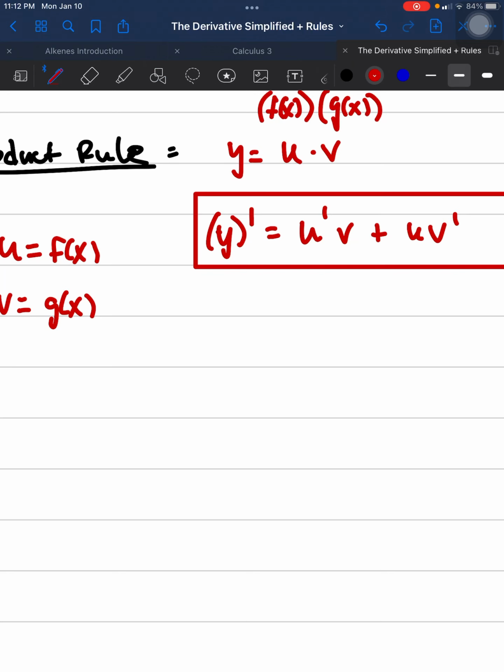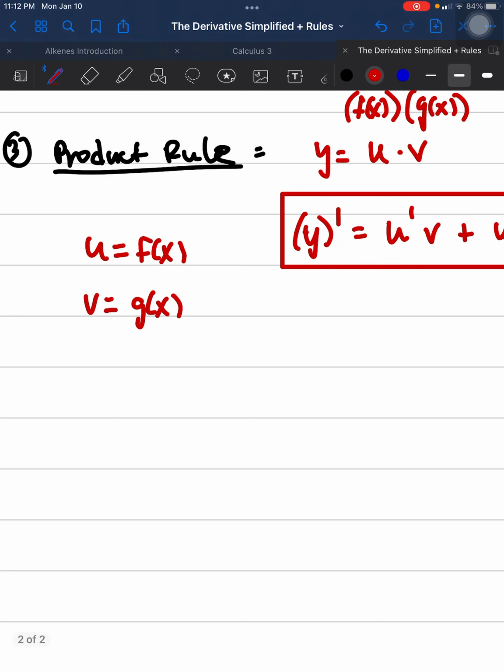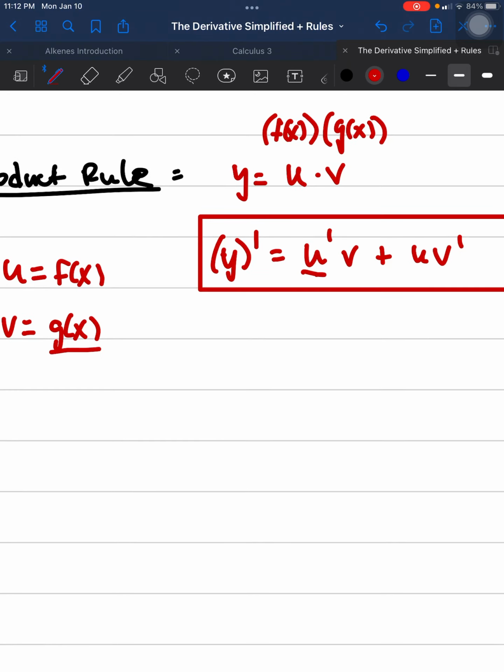First we take the derivative of f of x, which is u prime, and we multiply it by the function g of x. Then we add another product, which is f of x times the derivative of g of x.